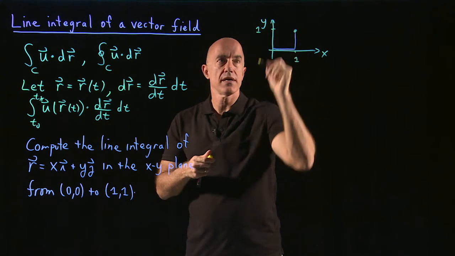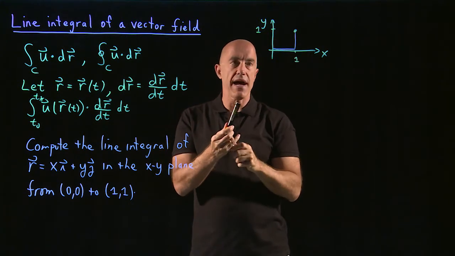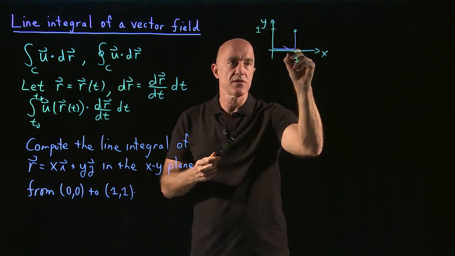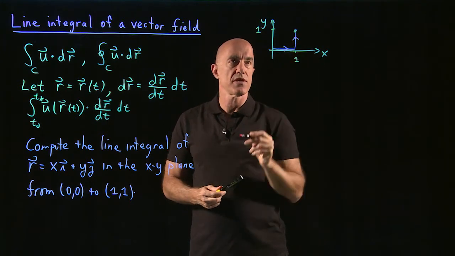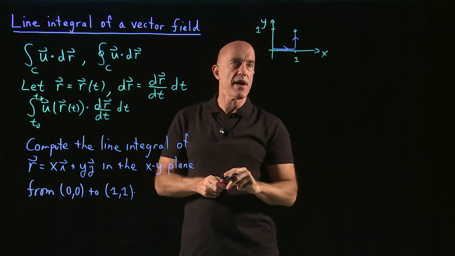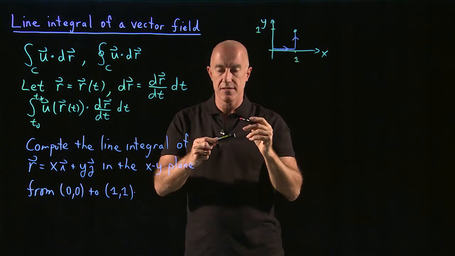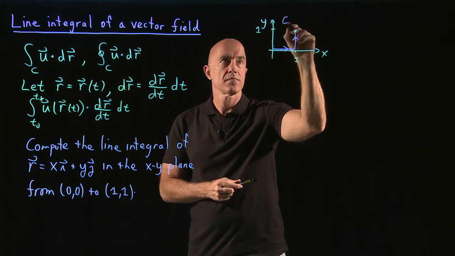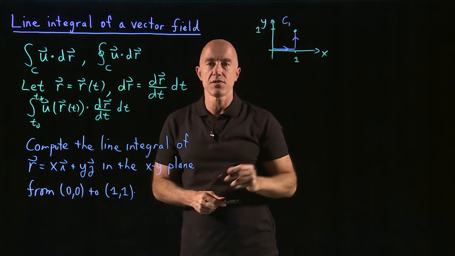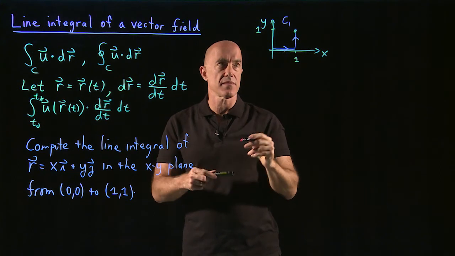This is 1. So the path has a direction, so we go along the x-axis, and then we go vertically along the direction of the y-axis. So let me call this path C1, okay? Composed of two line segments.